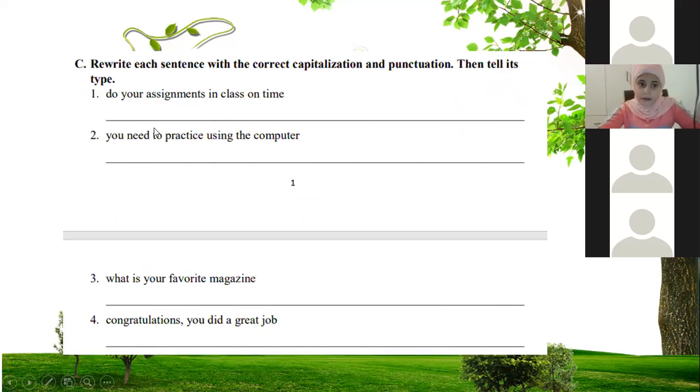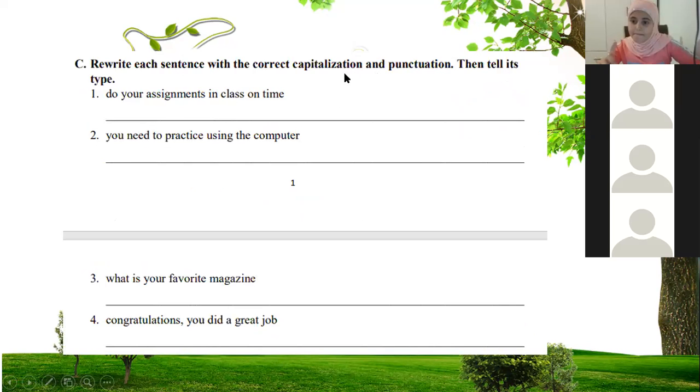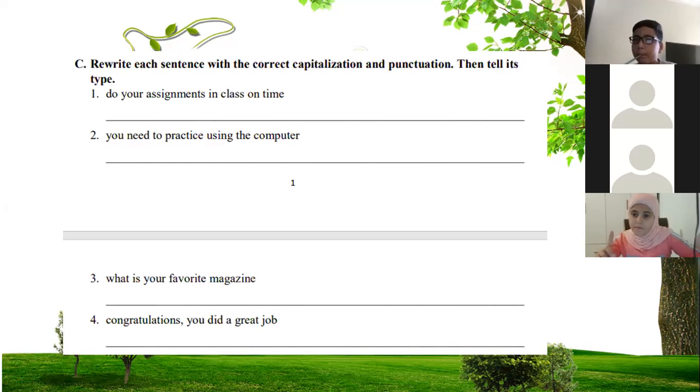Here it's simple. Rewrite each sentence with the correct capitalization and punctuation, then tell its type. We have to write the capital letter at the beginning and put the correct punctuation at the end and tell the type of the sentence. Okay, let's take Iltaf. Number one.